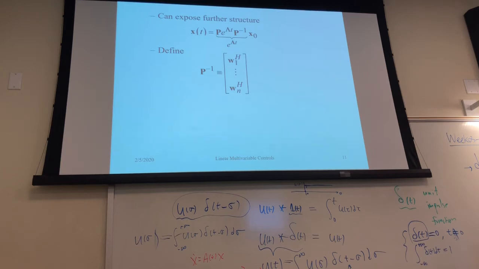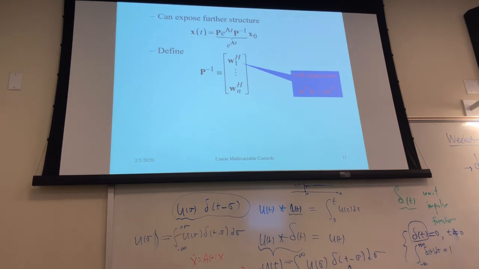Okay. So if you partition P inverse into w1 through wn, the star actually stands for Hermitian, complex conjugate. So don't worry about it, just say transpose. So this is an n by n matrix, but written in vector form. These are called left eigenvectors. To make w a left eigenvector, you have w transpose A equals lambda w transpose, okay?